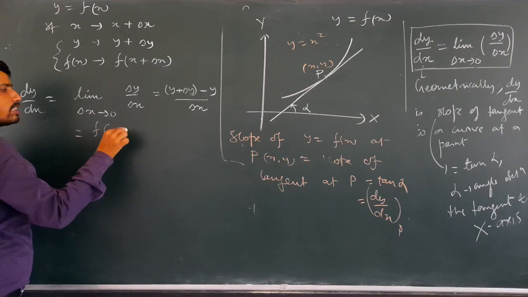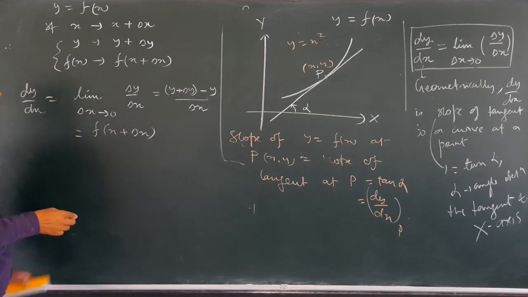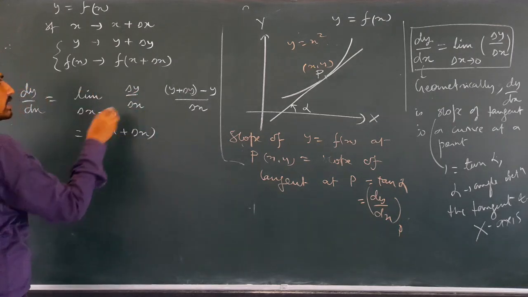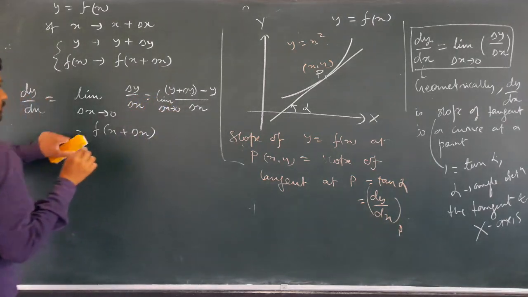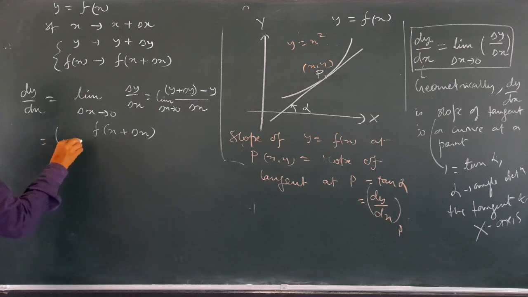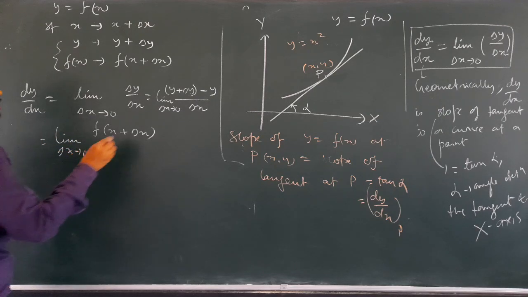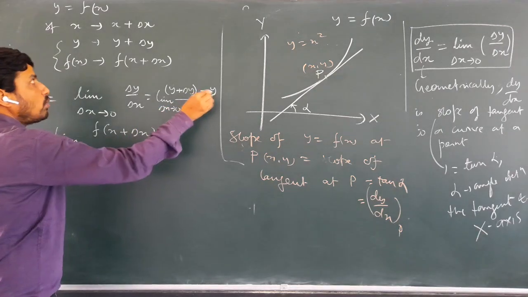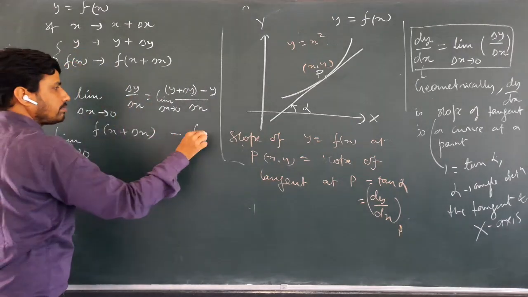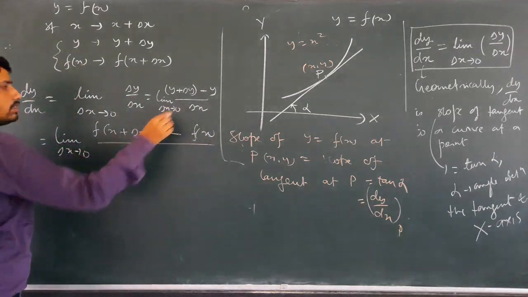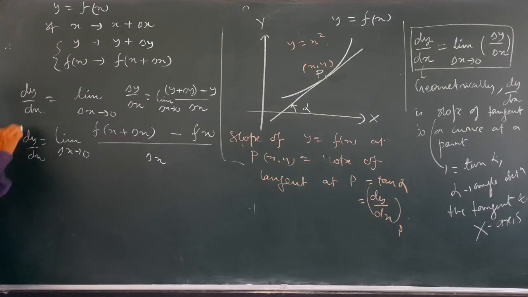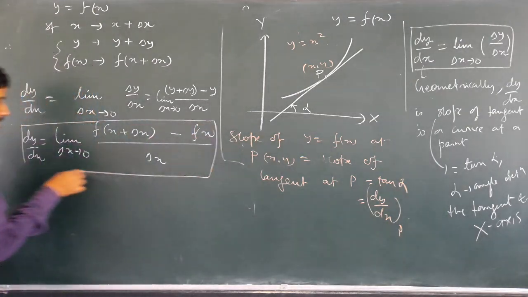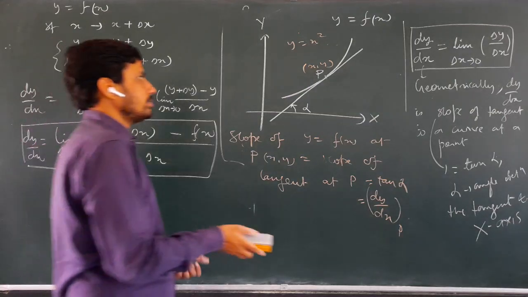It is f of x plus delta x. I forgot to write this limit. Limit delta x tends to 0. So this is the mathematical definition for the derivative of a function.